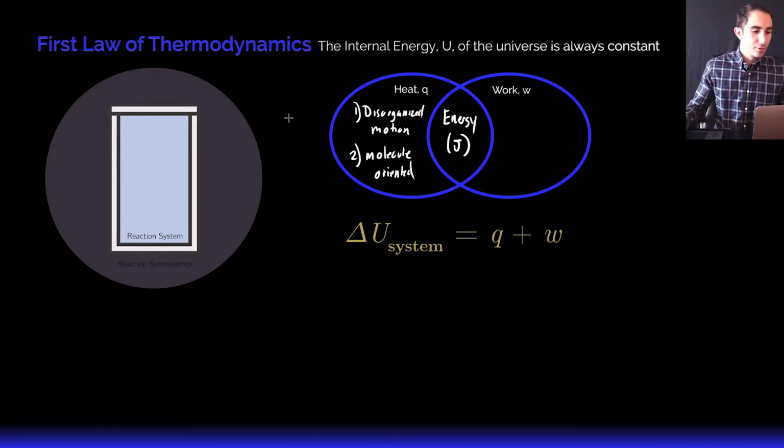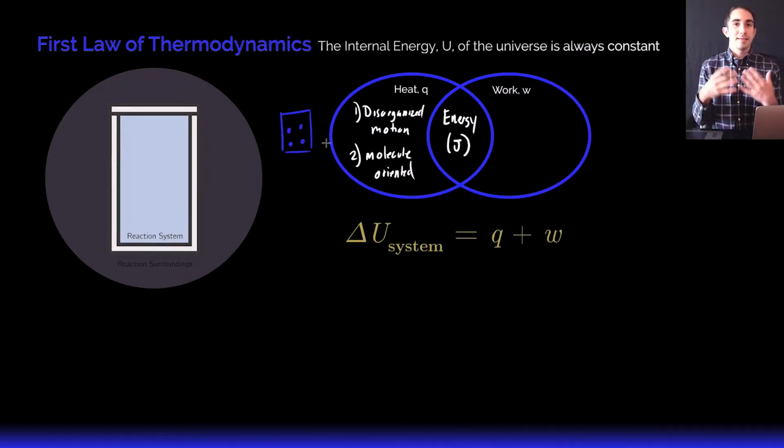Well, if I drew a box and put a bunch of, let's say, gas particles inside this box, if I wanted to talk about the heat of this system, I would be referring to the fact that these gas molecules are all moving around in random directions. So there's no organization to this. They're just a bunch of gas molecules and they're doing whatever they want. Each molecule sort of has a mind of its own in this respect.